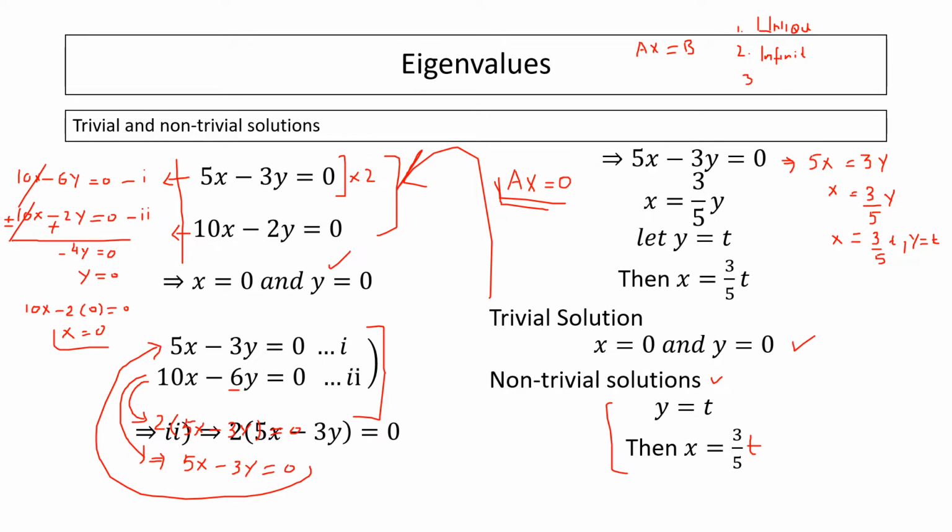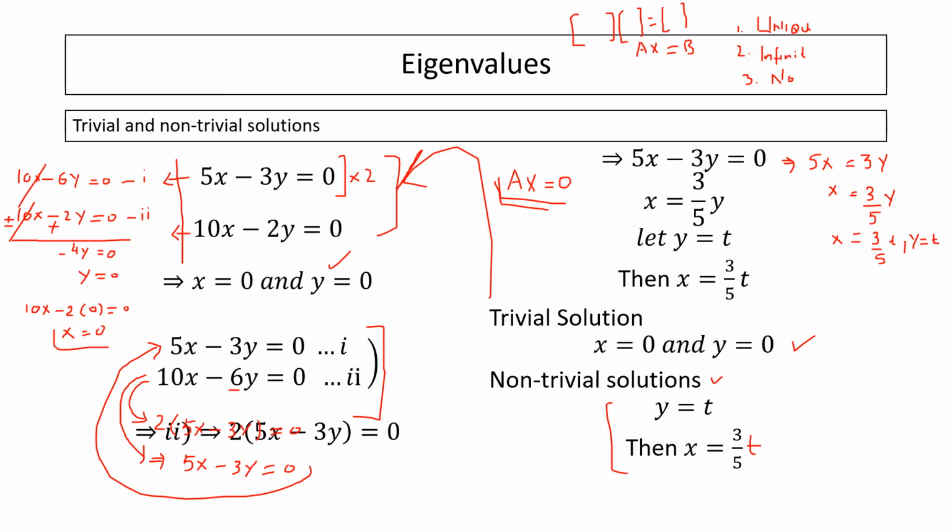And number three, no solution. It was actually three matrices. We call it A, this one x, and equals this one b. So two simultaneous equations were there.